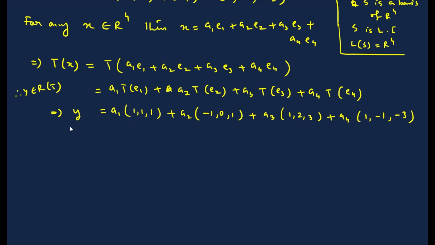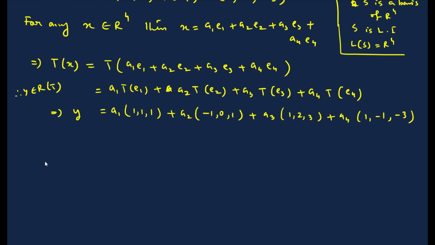Y is an element of R of T, and these are T of E1, T of E2, T of E3. Here we wrote that X is a linear combination of E1, E2, E3, and E4 because S is a basis. But now this is an element of the range space, and these elements are not E1, E2, E3; they are T of E1, T of E2. So now we have to check that.